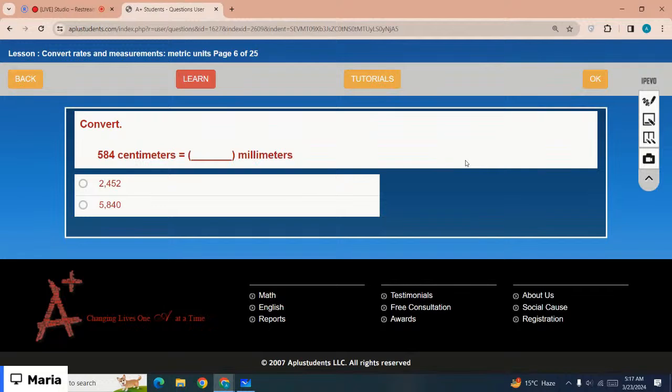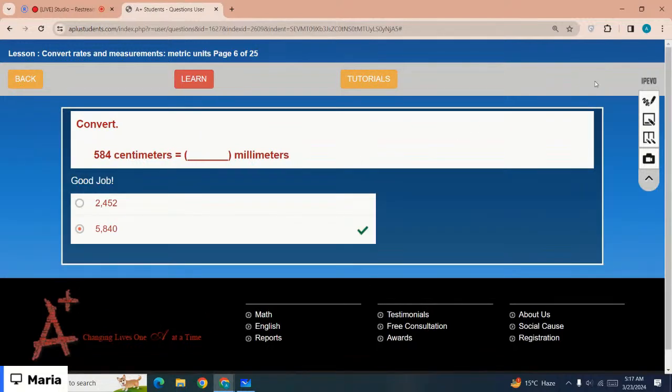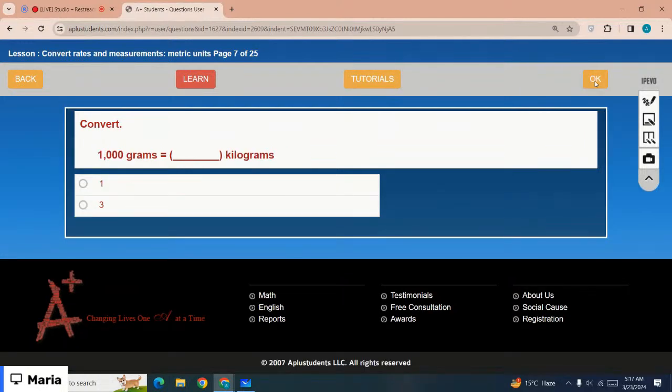The second option is the correct one, right? 1,000 grams equal.